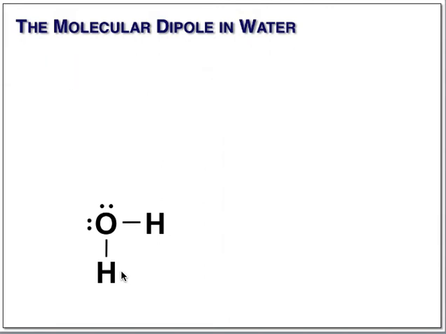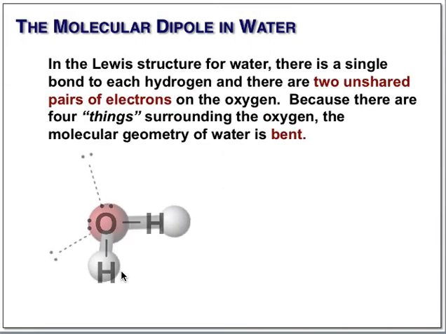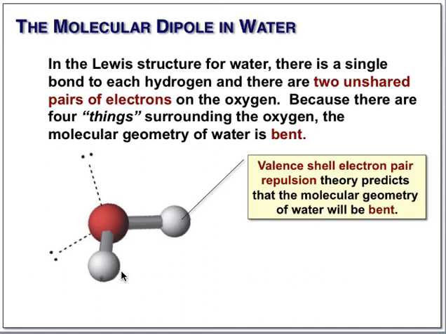That's because, according to the valence shell electron pair repulsion theory, we have 4 things around this oxygen, 2 unshared pairs and 2 hydrogens. That means the molecular geometry of this will be bent.